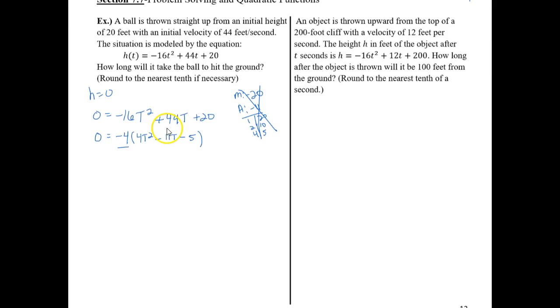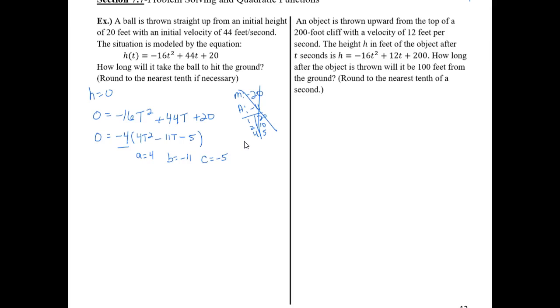So if it's not factorable, then we can use the quadratic formula. We still can pull out this GCF, and we're going to now use these terms for our A, B, and C. The smaller the numbers, the easier it is to deal with. So A is 4, B is negative 11, and C is negative 5.